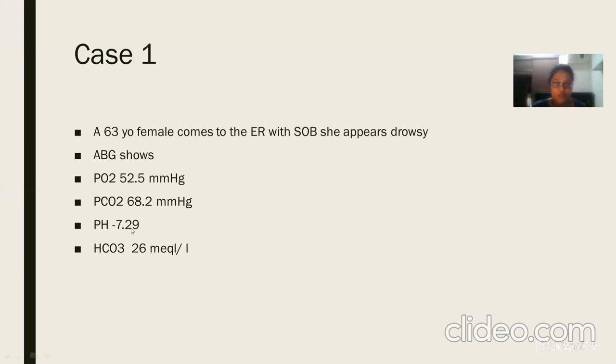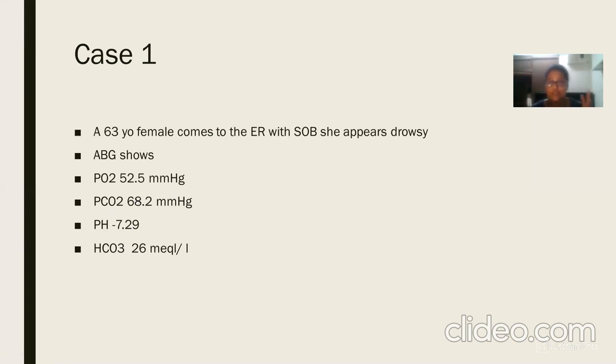Step number 2, look at bicarb. Bicarb normal is 22 to 26. Bicarb in an acidosis situation, if it's metabolic acidosis, should be below 22. But this is way above 22, in the normal range for me. So I am going to look at carbon dioxide. Now my carbon dioxide is 68.2, which is way higher than 45.